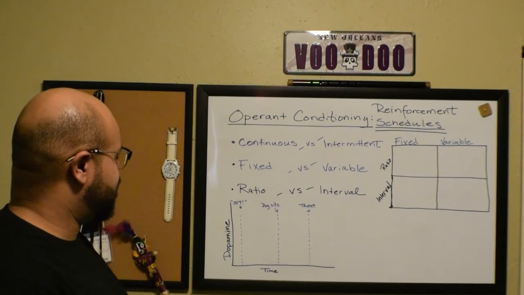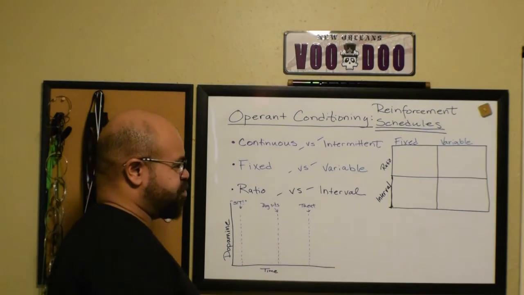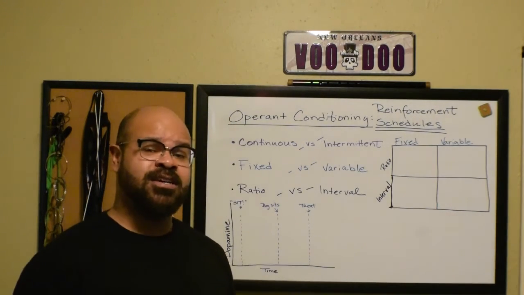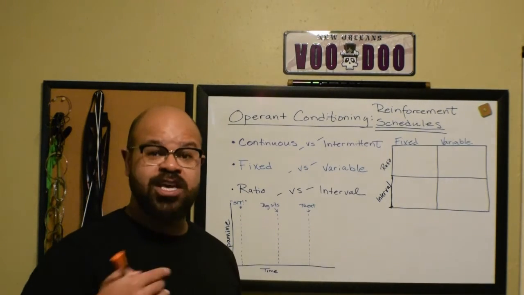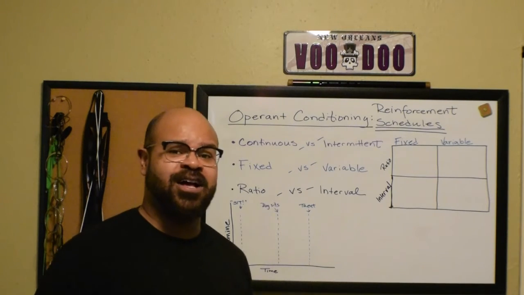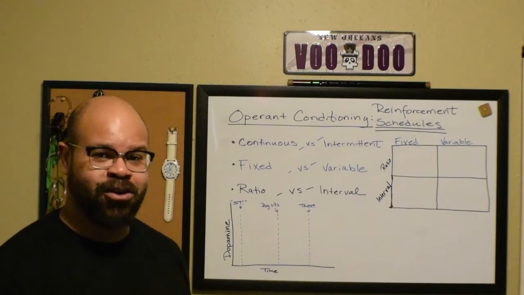So let's look at a schedule, for instance. Let's say I'm trying to get my dog to learn how to sit. There's a behavior that I'm trying to get him to increase. That is to say, I'm trying to get him to sit when I say sit. So there's a bit of complexity in there because I don't want him just doing the behavior more.